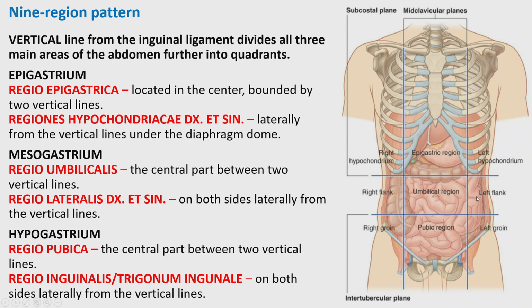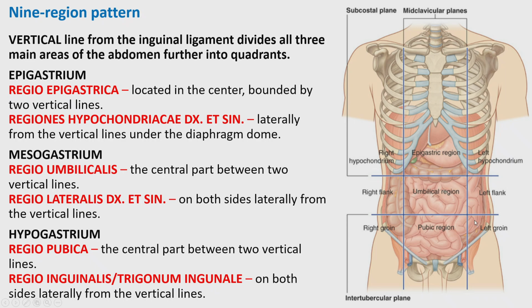Then the mesogastric region, which is here, is divided into the center, which is called the umbilical region, and two side regions, which are called the right and left lateral regions, or right and left flank. The hypogastrium has the pubic region in the center, and laterally the right and left inguinal regions, also called the groin region.